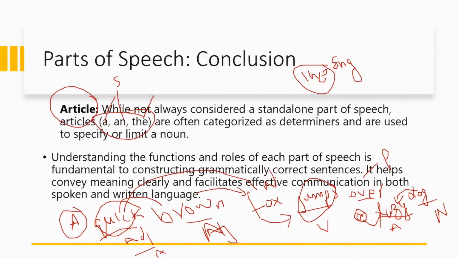So, a is an article or determiner. Quick is adjective, brown is adjective, fox is a noun, jumps is a verb, over is a preposition, a is an article or determiner, lazy is an adjective, and dog is a noun.